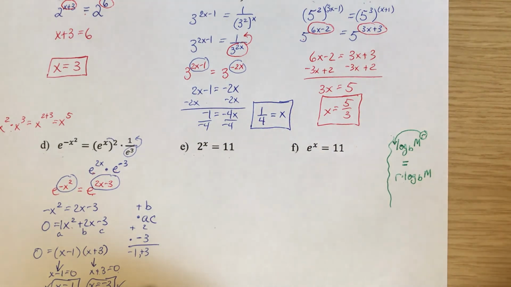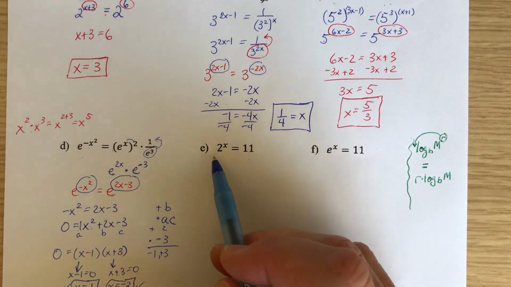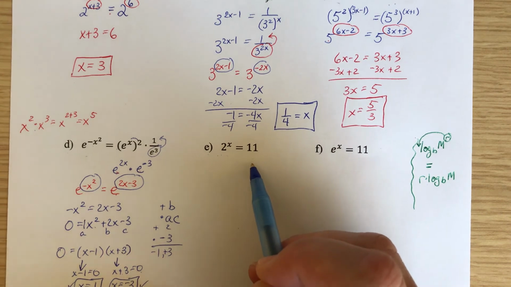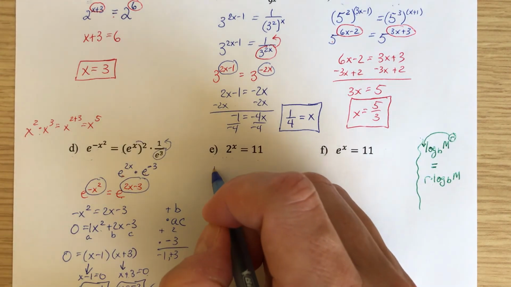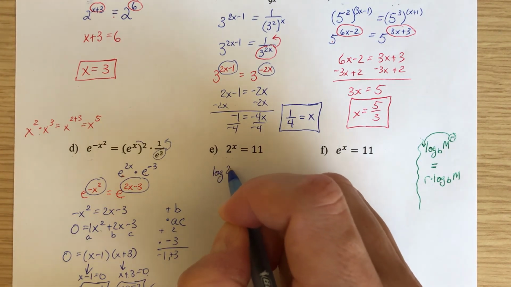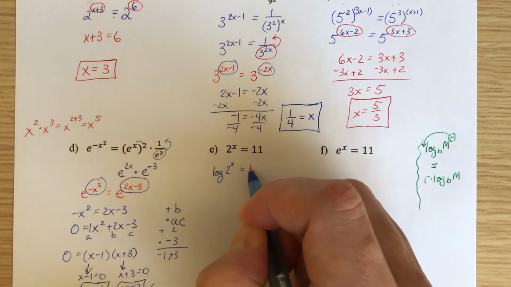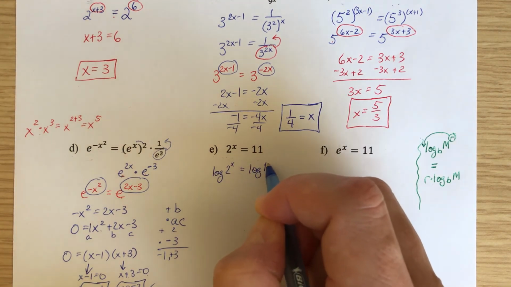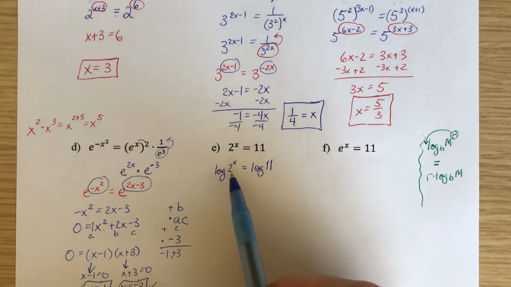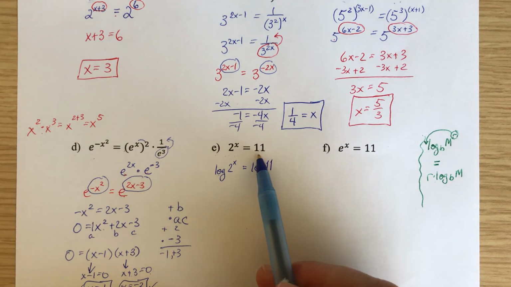So here's how we're going to use the technique. We're going to take the left and the right side, and because it's an equation, as long as I do the same thing to both sides of the equation, this is a good move. I am going to take the log of both sides. Now I didn't put a base here because I'm trying to keep this as simple as possible.